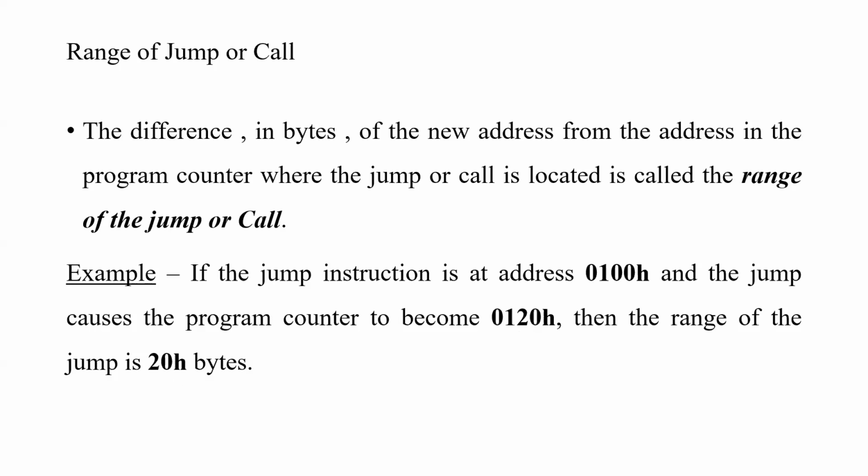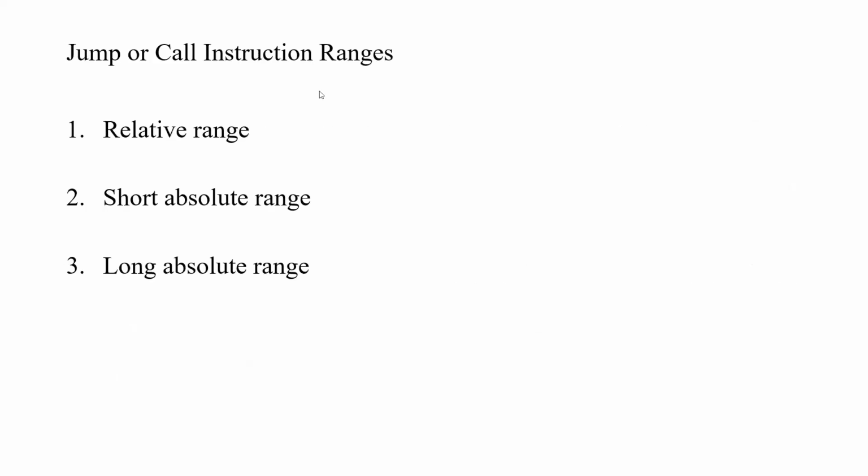Depending on how the jumps are performed, whether it is 20 bytes or more than 20 bytes, there are three types of jump range: relative range, short absolute range, and long absolute range. We'll understand what these ranges are.